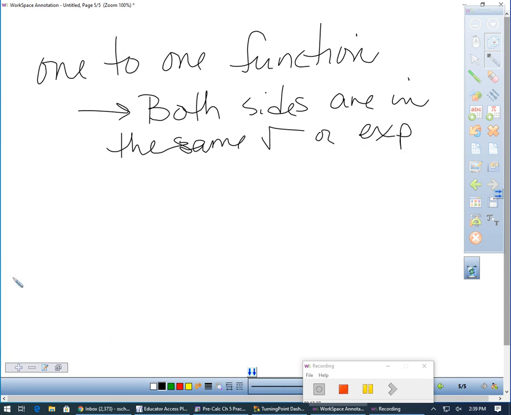If that's true, if both sides are underneath the square root or both sides have the same fractional exponent, you can set the insides equal to each other.